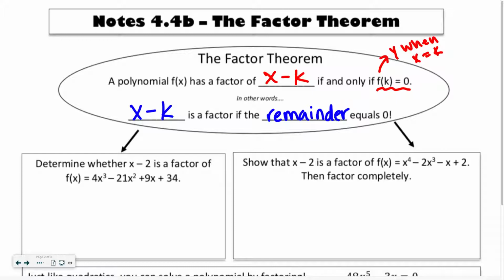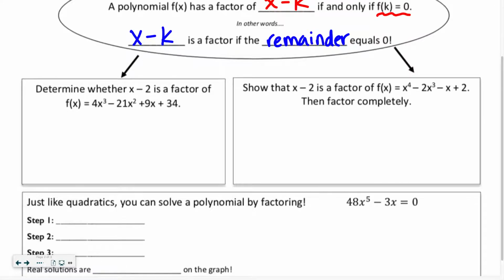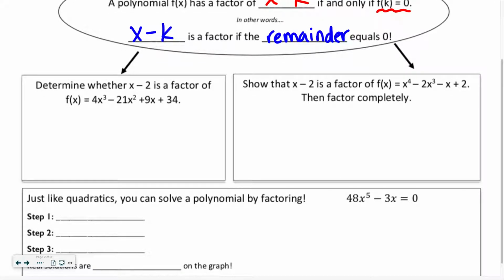So in the first box, we're just going to check if something is a factor. So read the directions in the first box. It says, determine whether x minus 2, this linear factor, is a factor of this polynomial. Well, if it is a factor, when I divide it, I will have no remainder, right?